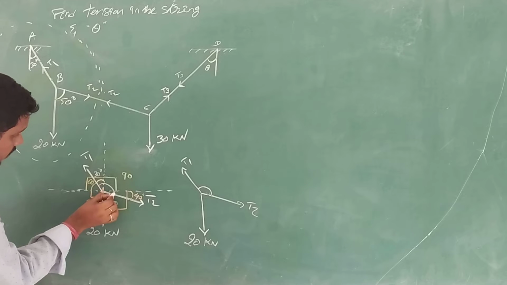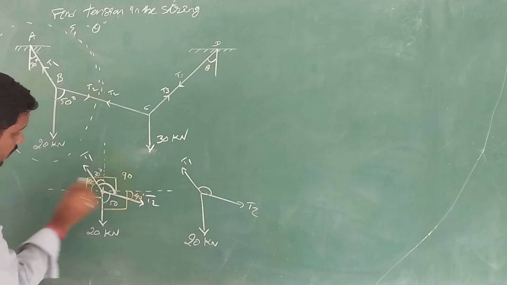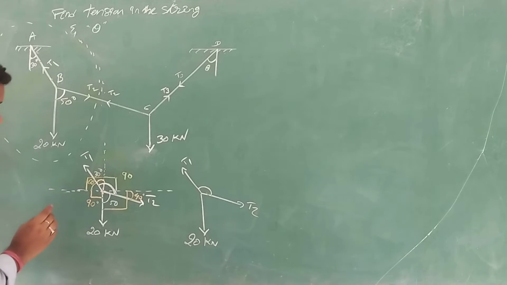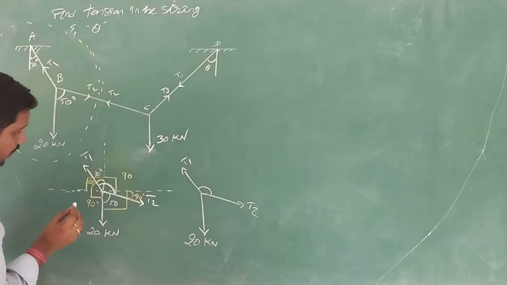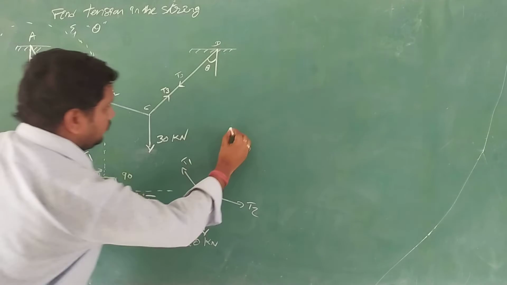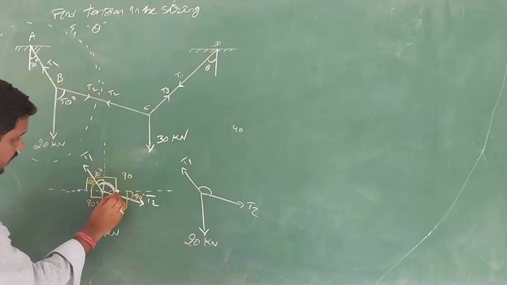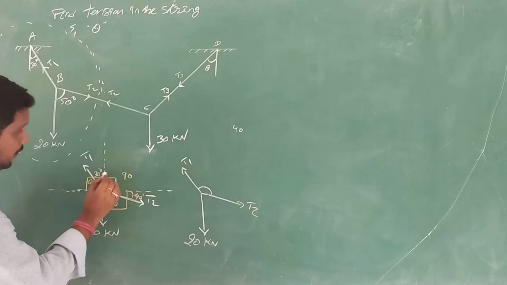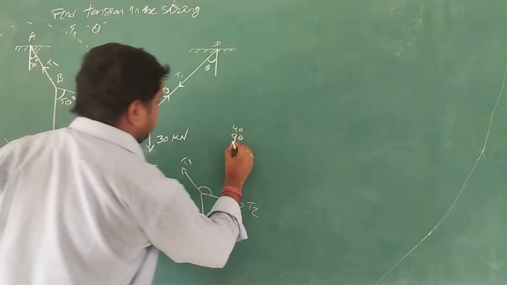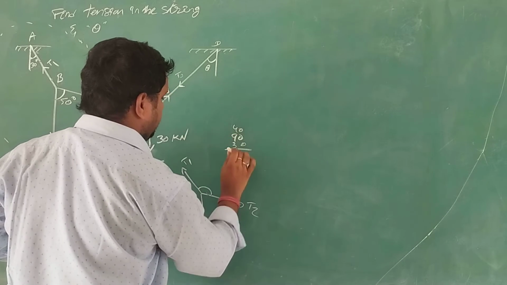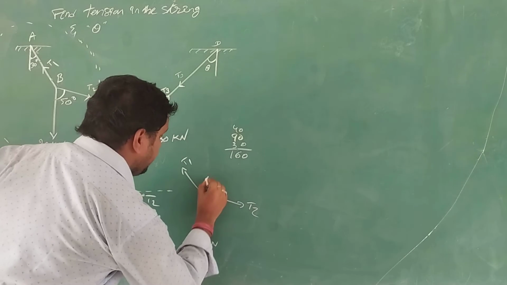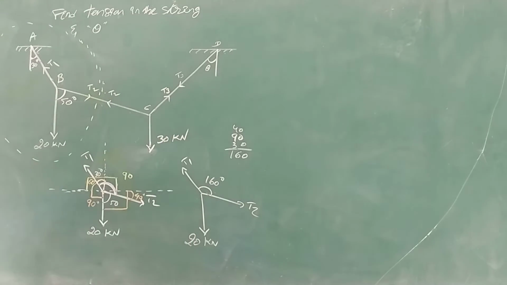From here to here, this small part is 40. Next, this part is 90. And again, this small part is 30. How much is that? Am I right? 160. So this is my 160.